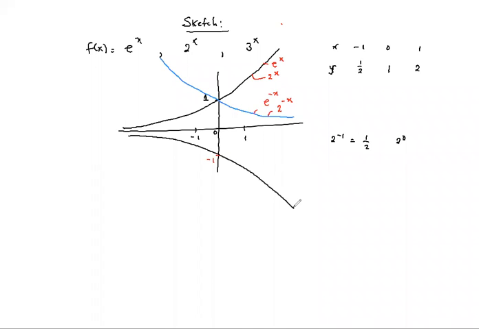Now this one is the transformation of the one in black on top. So it will be -e to the power x. And the other one will come through this way, and so it will be -e to the power -x. Just like that.